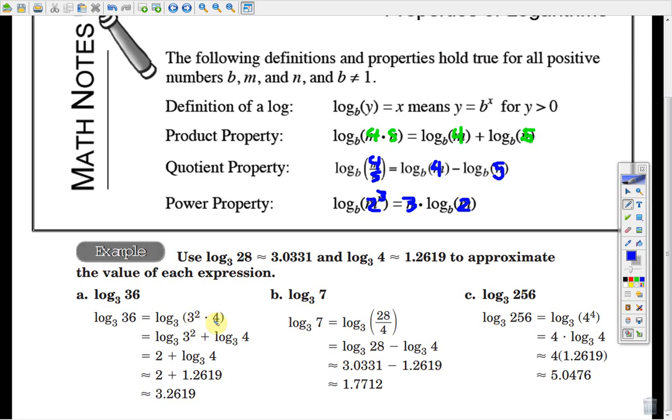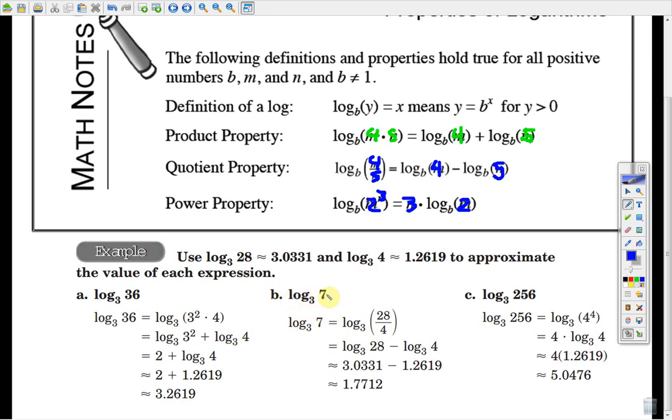The reason they've chosen 3 squared times 4 is because we know the value of log base 3 of 3 would be 1. So if we have that twice, that's 2. And then log base 3 of 4 is given right here, 1.2619. So we say 2 plus 1.2619, we get 3.2619.